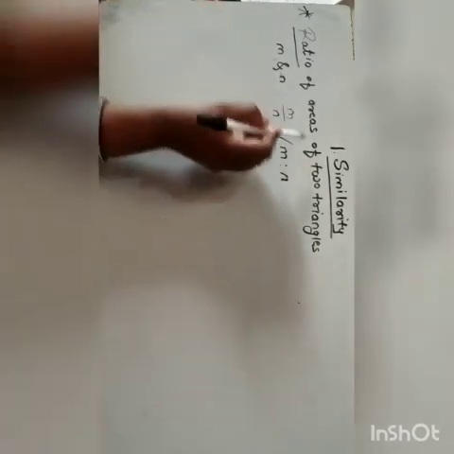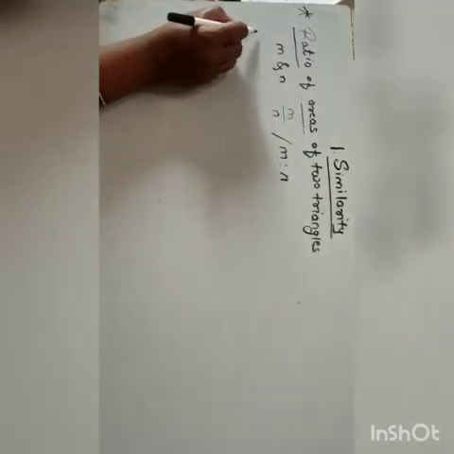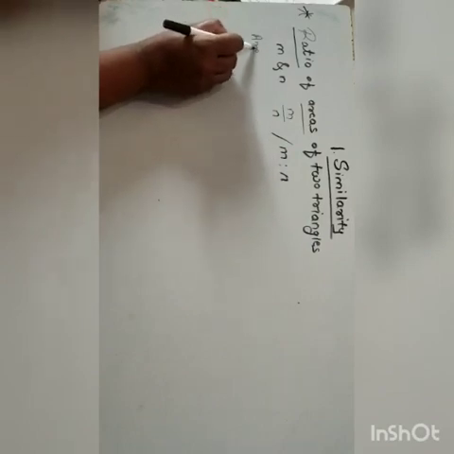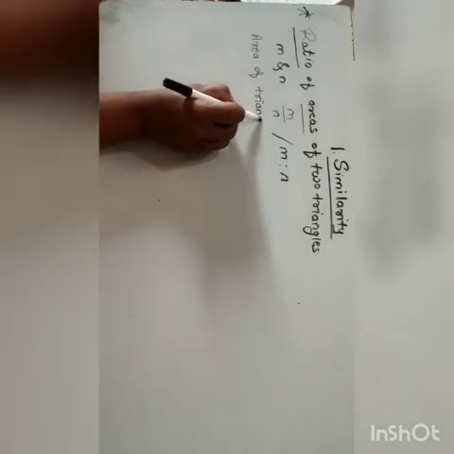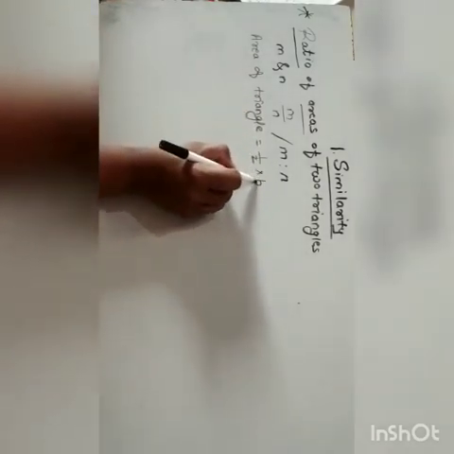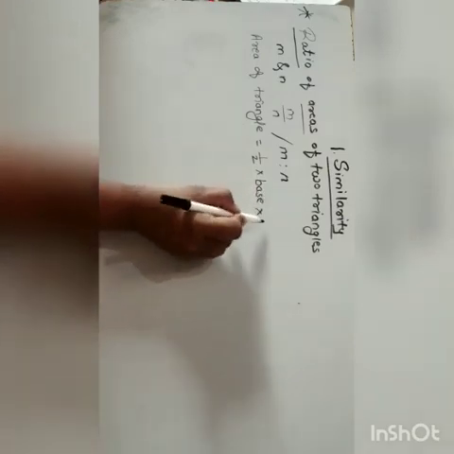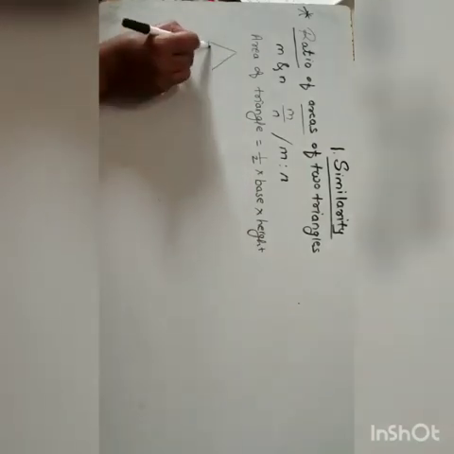And one more thing, we are discussing the areas of two triangles. We know the formula for the area of a triangle: area of triangle is equal to 1/2 into base into height. Suppose we took ABC as a triangle.